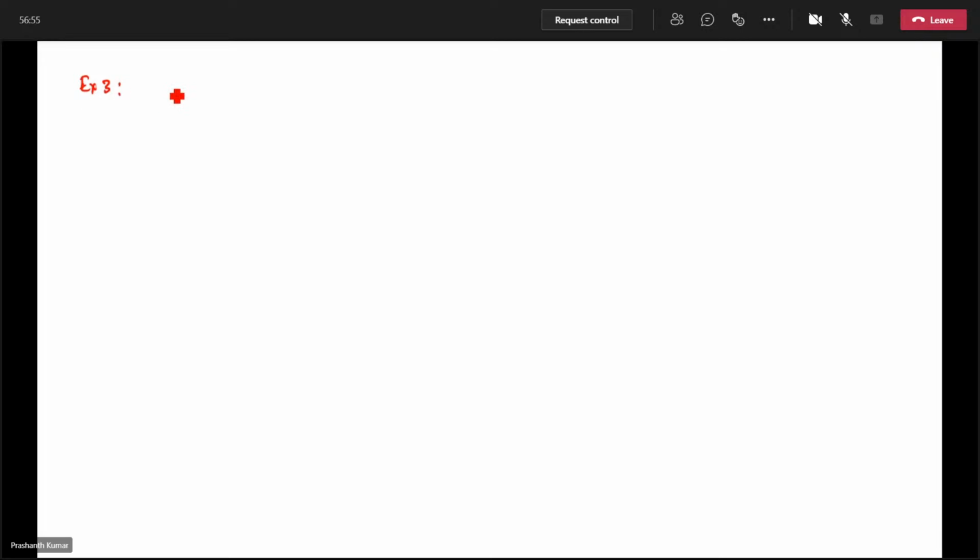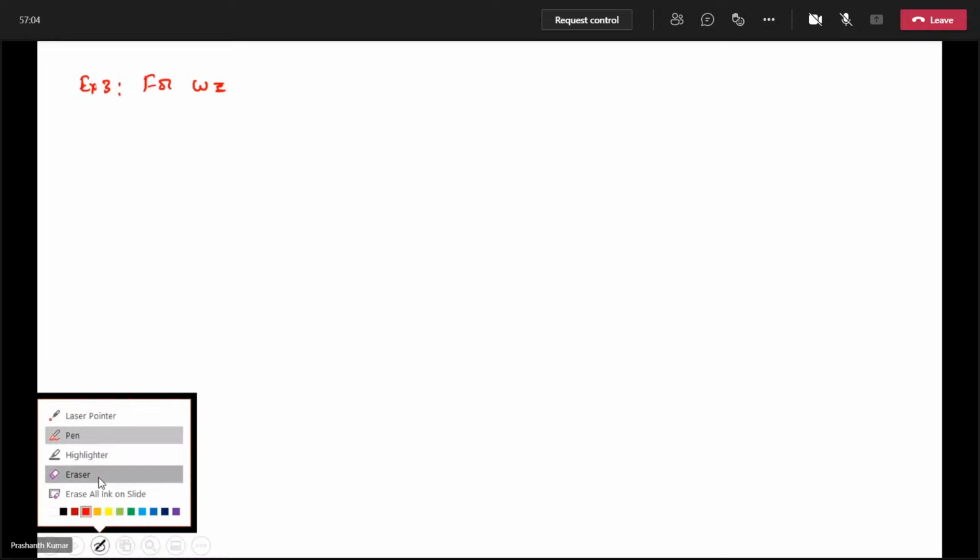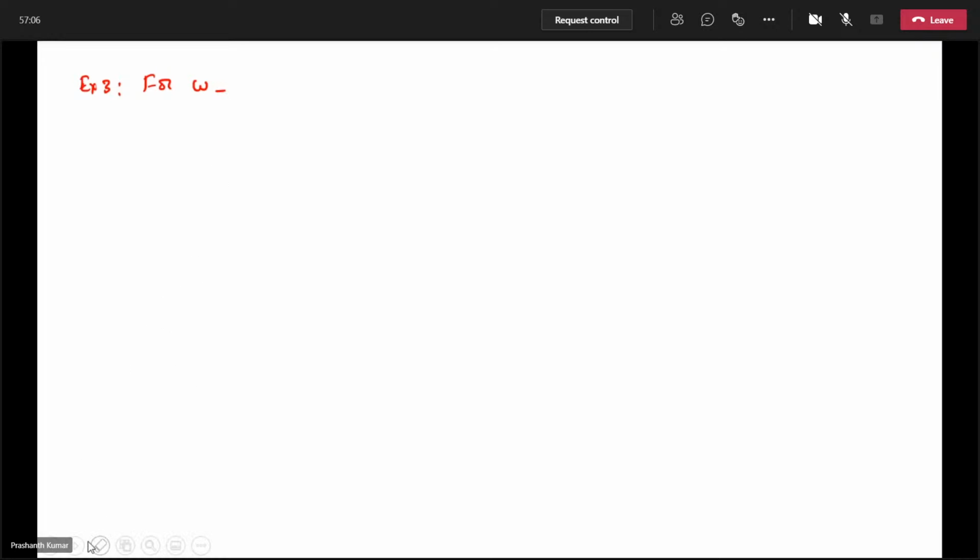Example 3. For W is equal to e to the power of z square. This is the function.